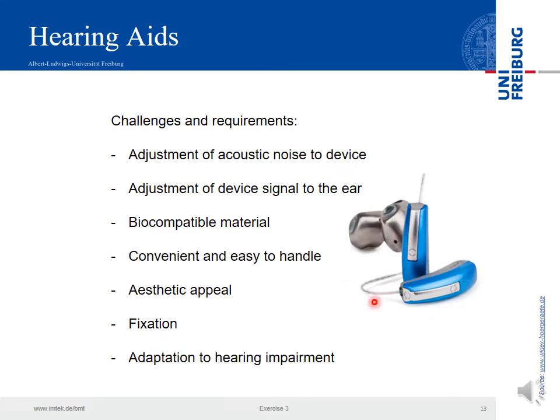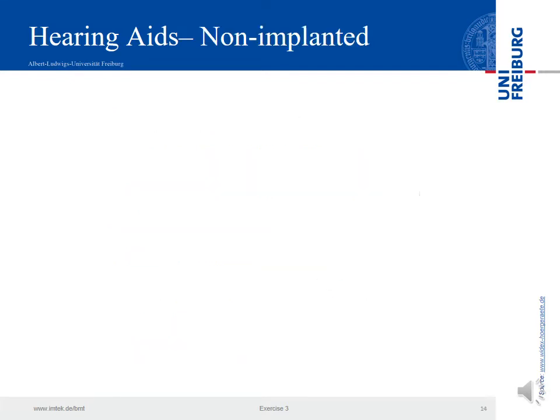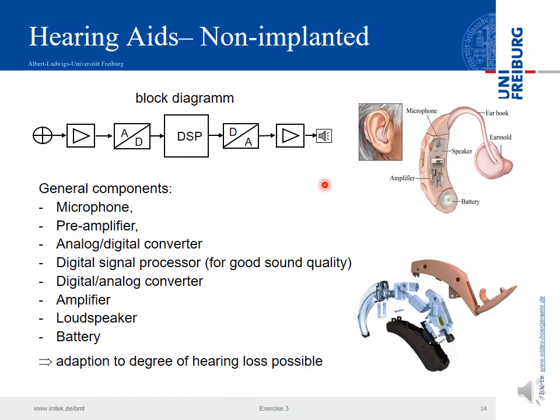That means if you have changes over the daytime, changes from day to day, there should be a kind of auto calibration of an ear mold. And the newer ones don't have an ear mold, but a freely floating loudspeaker on the tip. You have an ear hook that holds the behind-the-ear device in place, and in the behind-the-ear device you have a battery, a microphone, a speaker, and all of the electronics.